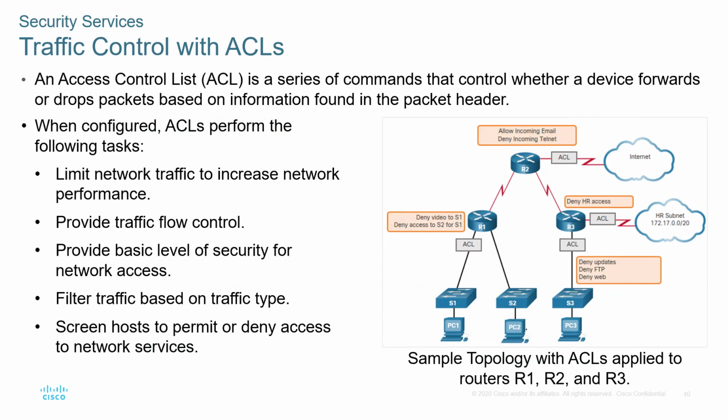ACEs. An ACL is an access control list made up of access control entries, ACEs. An ACE basically is a permit or a deny off of a certain criteria. For example, we can have an ACL going into R1 that says deny video to switch 1, also deny access to switch 2 from switch 1.